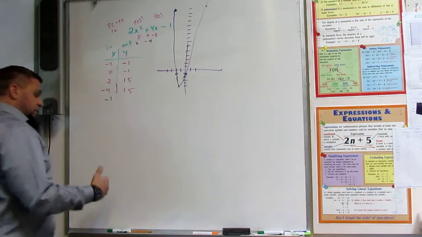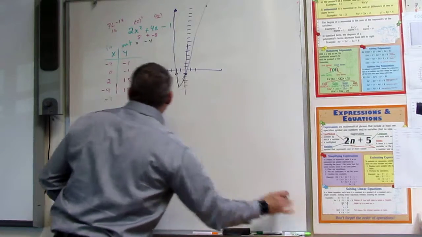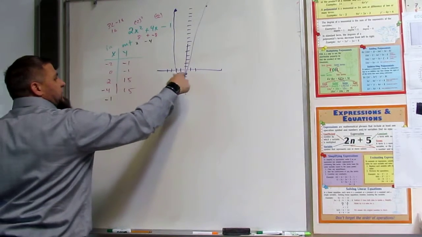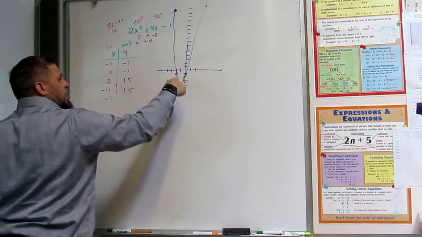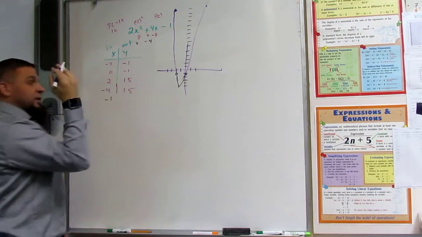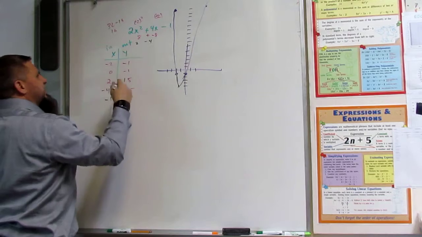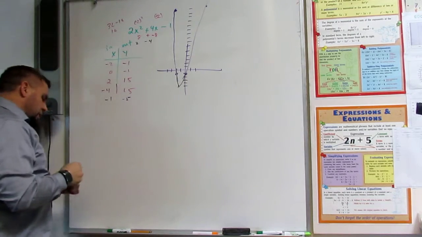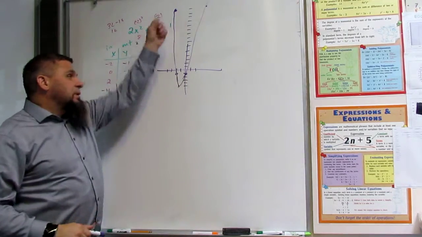So then what I did was I plugged in a -1, because that's the middle of -2 and 0, right? So -1 is right in between them, and I ended up with -5. Then I plugged it all in.